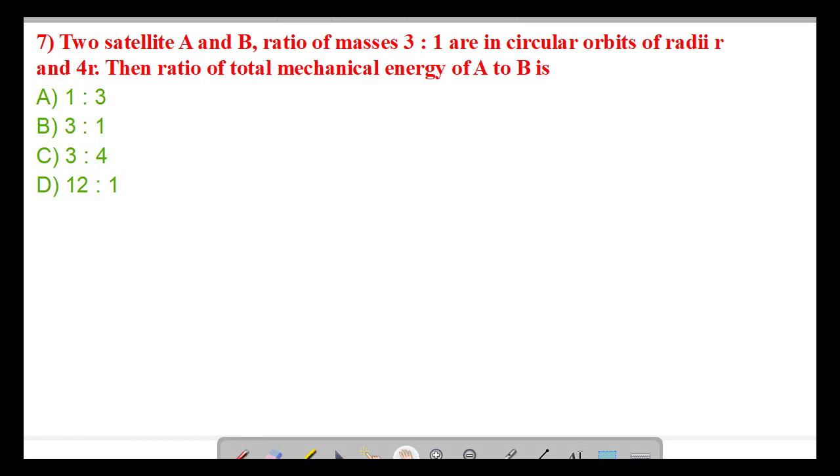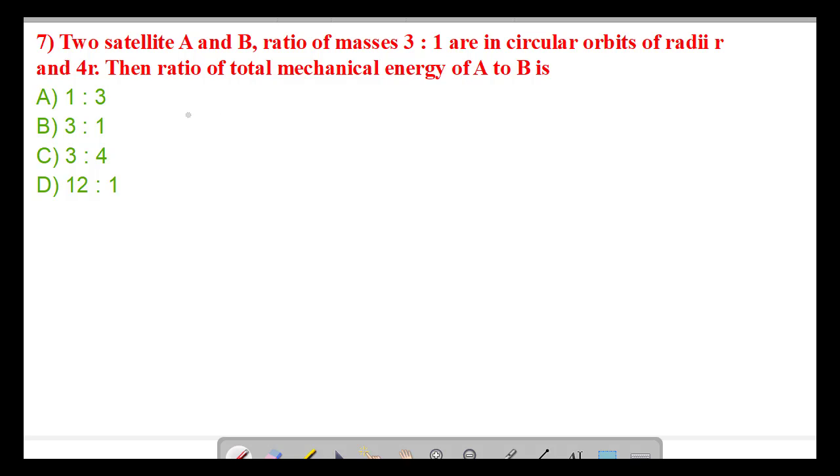Next is question number 7. Two satellites A and B of masses in the ratio 3:1 are in circular orbits of radii r and 4r. Then the ratio of total mechanical energy of A to B is. So we are given two satellites.